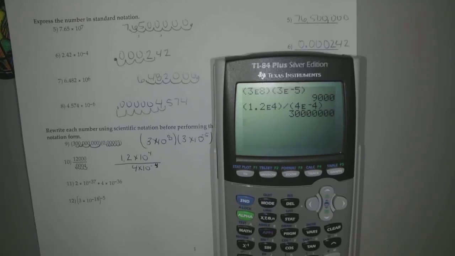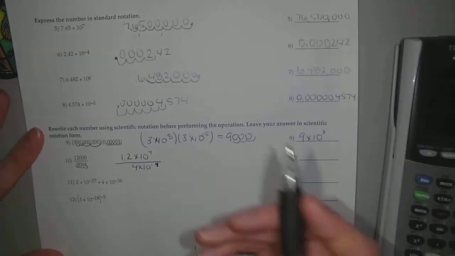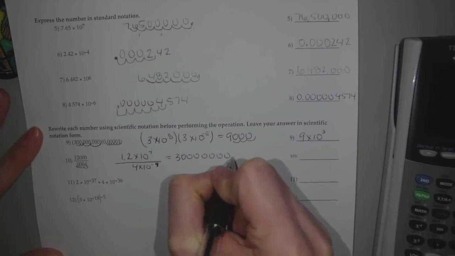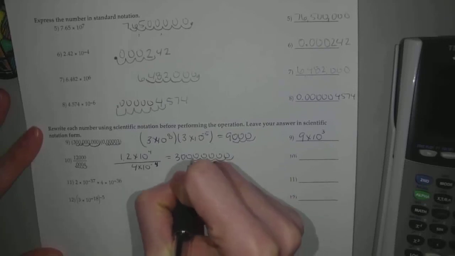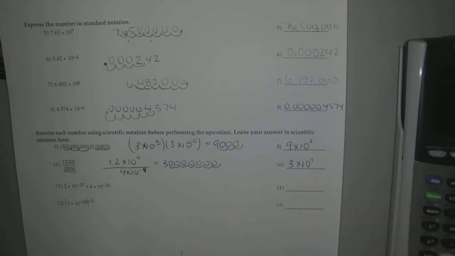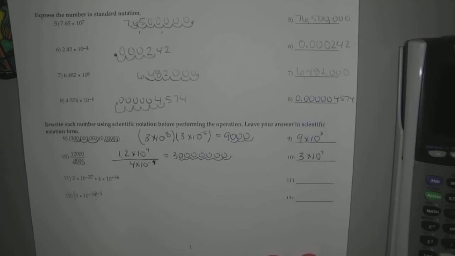So it's still kind of a big number, but our calculator's not giving it to us in scientific notation. So let's write the answer out. So how many zeros are there behind there? 7, is that right? 7. So that's 3, 1, 2, 3, 4, 5, 6, 7, which means we'd have to move it 1, 2, 3, 4, 5, 6, 7, right? So this is just 3 times 10 to the 7th if we want to write the answer like that.